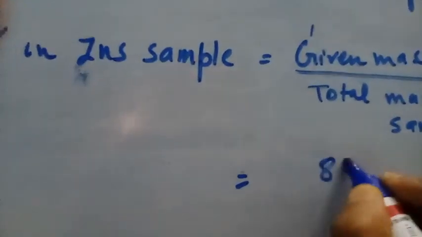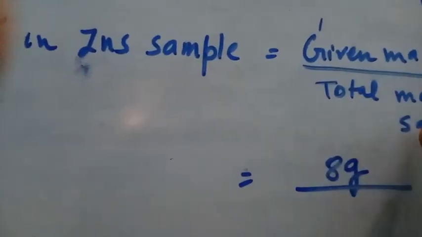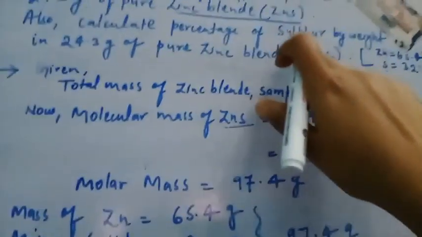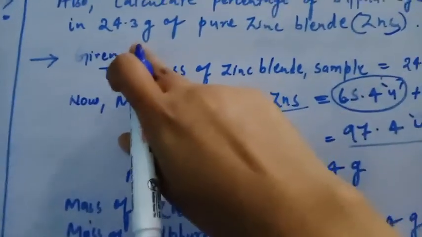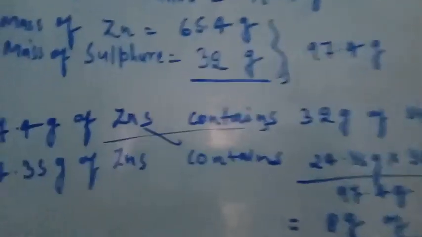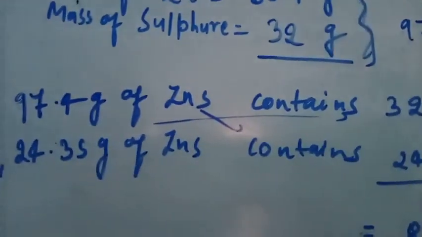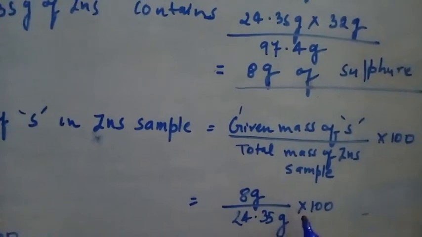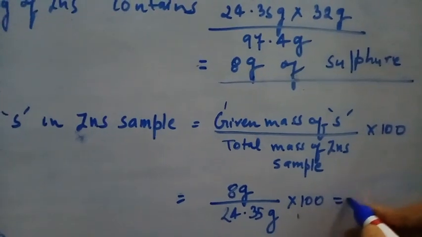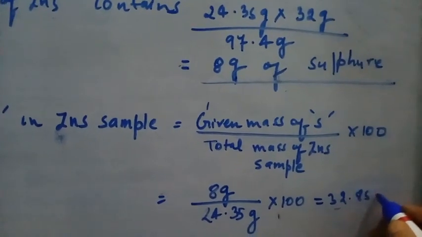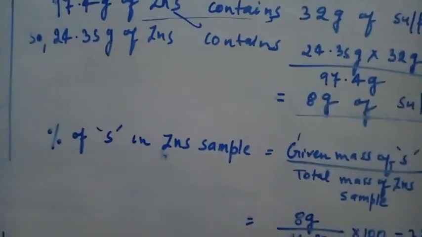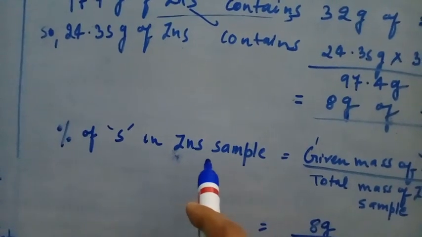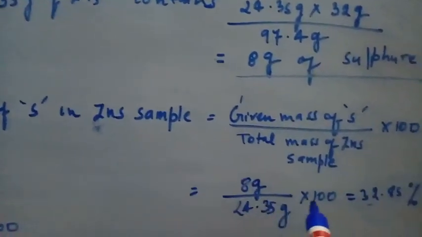So 8 gram divided by the total mass of zinc sulfide sample, 24.35 gram, into 100, and we will get 32.85%.